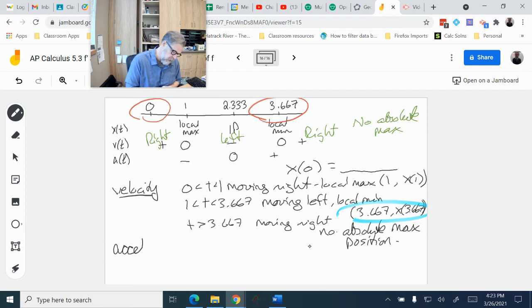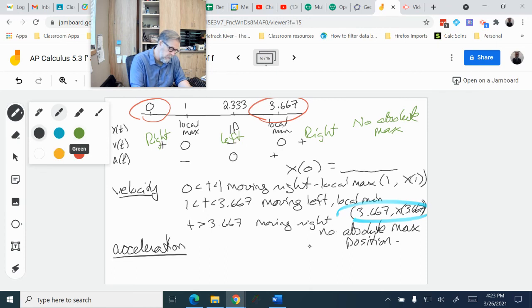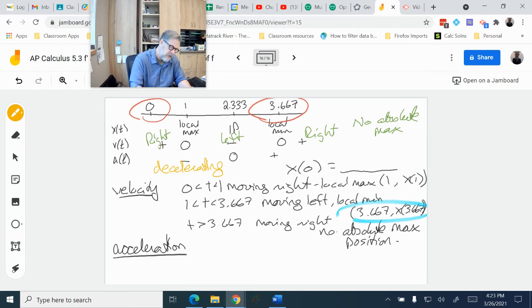Now let's briefly talk about acceleration. Because we've defined positive as being to the right, negative acceleration means that it is decelerating. It is being dragged to the left. Positive acceleration means that it is accelerating. What does that tell us?